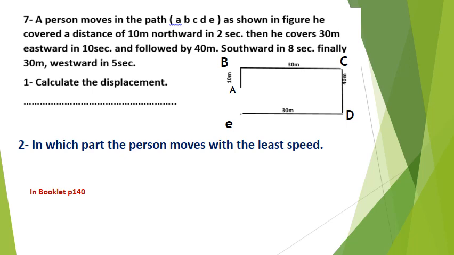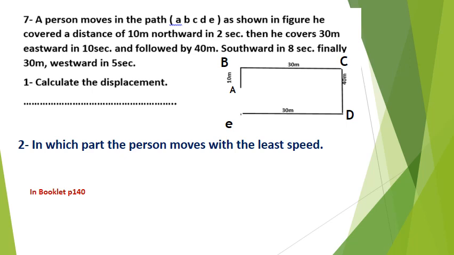Number 7. A person moves in the path A, B, C, D, then E as shown in the figure. He covered a distance of 10 meters northward. This means from A to B, 10 meters in 2 seconds.